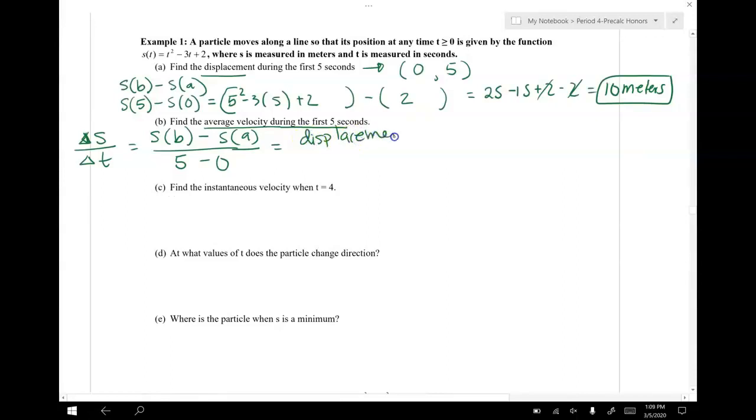This is just the displacement divided by 5. We found the displacement above, which is 10, divided by 5. So the average velocity during the first 5 seconds is 2 meters per second.